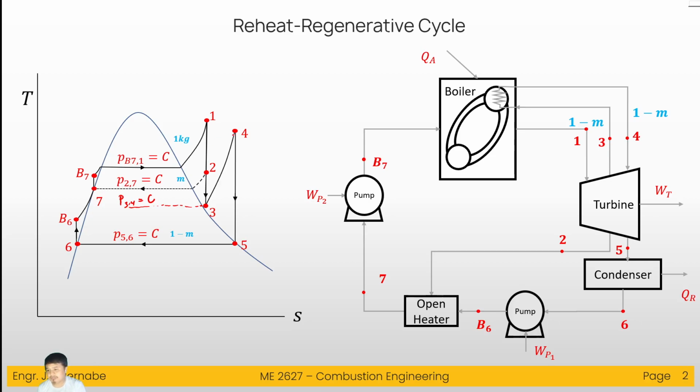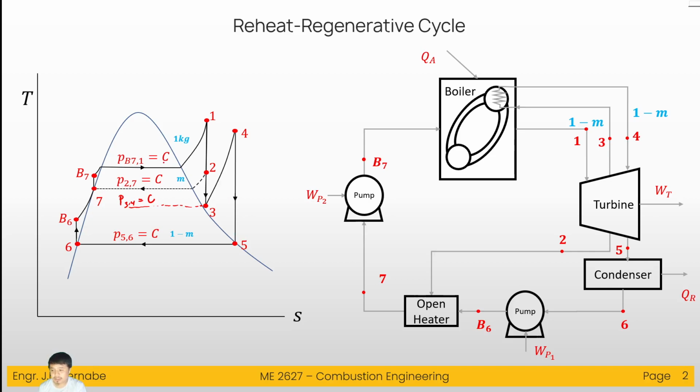It might be of a different temperature, lower than point 1, or the same temperature, or even higher depending on the scenario. And then it will be expanded again, sorry, not bled, but expanded again in the turbine from this intermediate pressure, 3 and 4, into the condenser pressure at point 5.